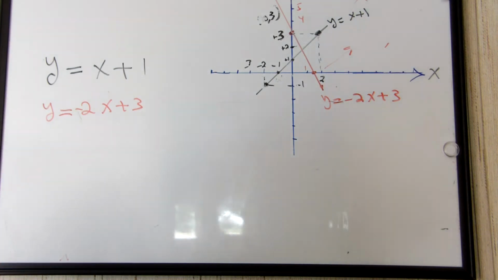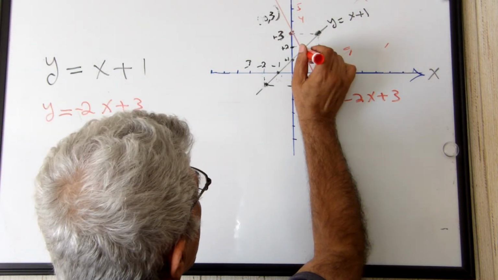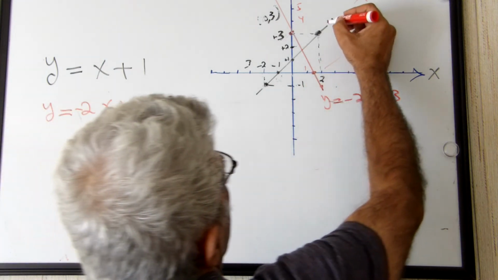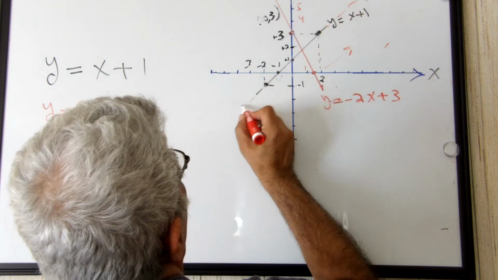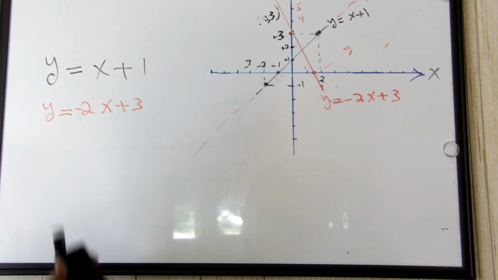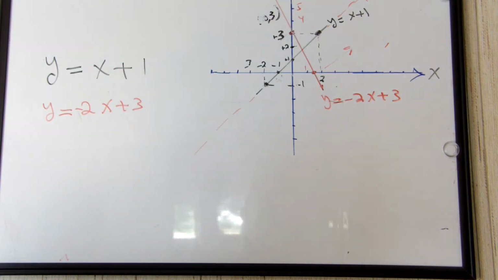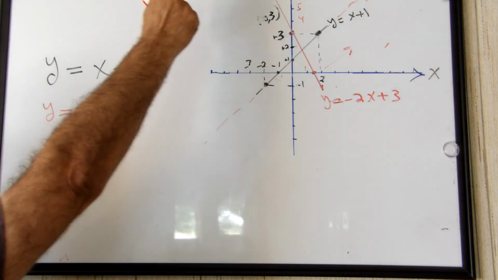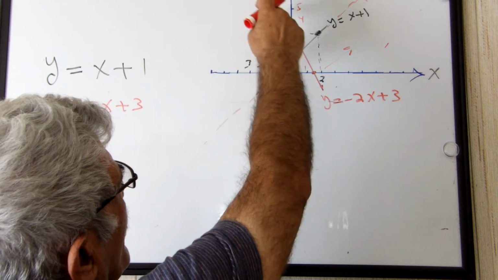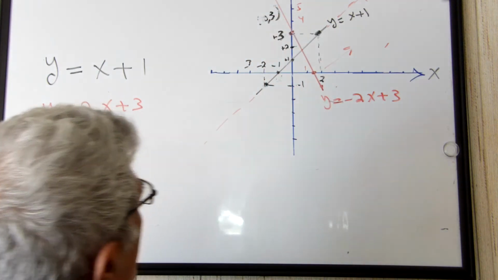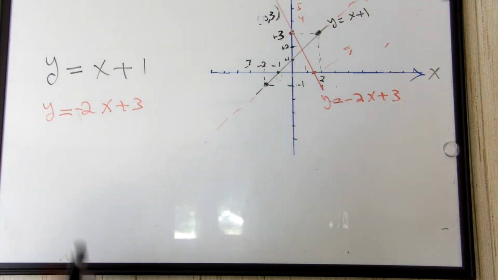Now you want to find where these two intersect each other. This is a line, continuous from minus infinity to plus infinity, and this one also from minus infinity to plus infinity.